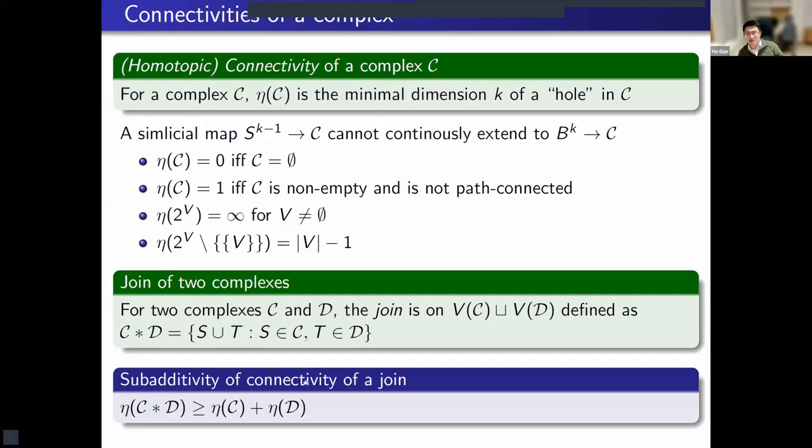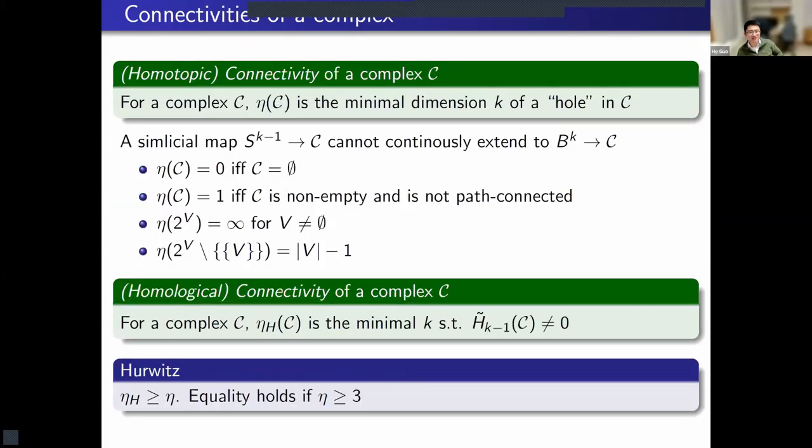And the connectivity satisfies a superadditivity property, which means that the connectivity of the join of two complexes is at least the sum of the connectivity of each of them. That will be enough for us to prove our main result.